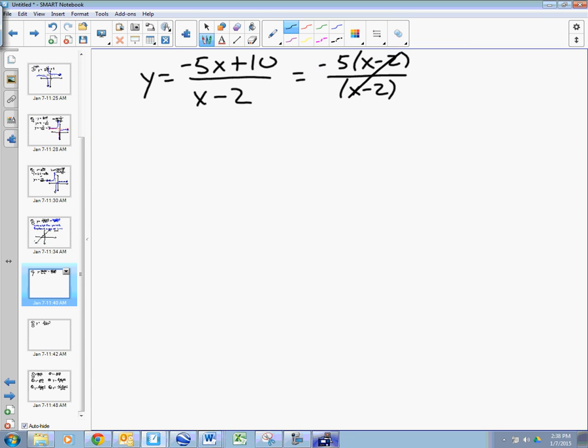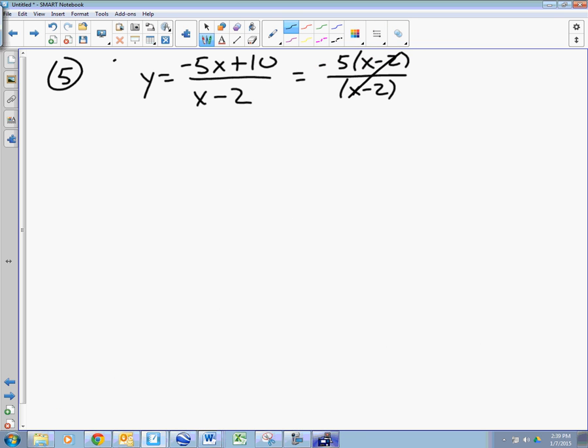Let's try another one. We got 2 left. Very good. We have -5x plus 10 over x minus 2. Does this factor? And if you factor, does something cancel?